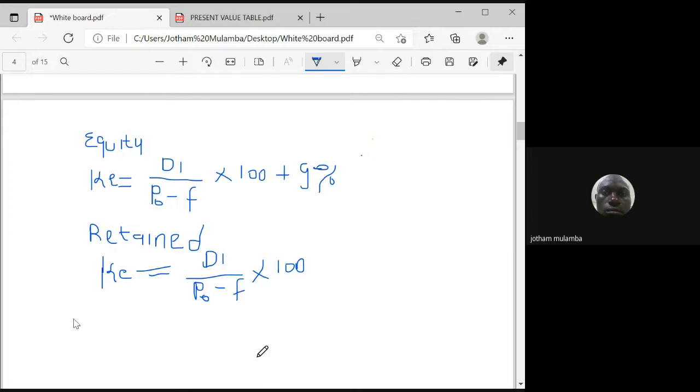Let's look at preference shares. Who can remind us the other name for preference shares? Anyone who can tell us the second name for preference shares?